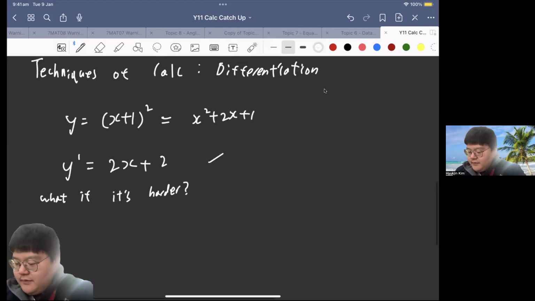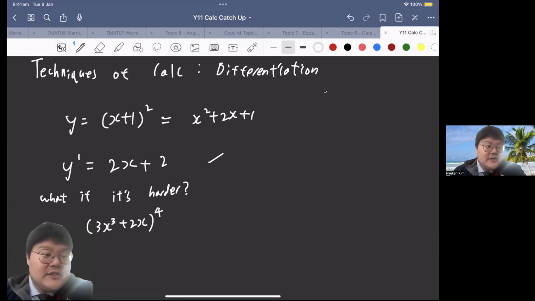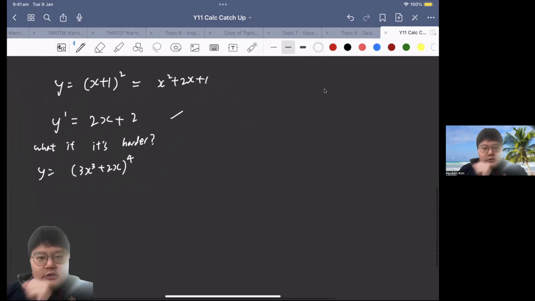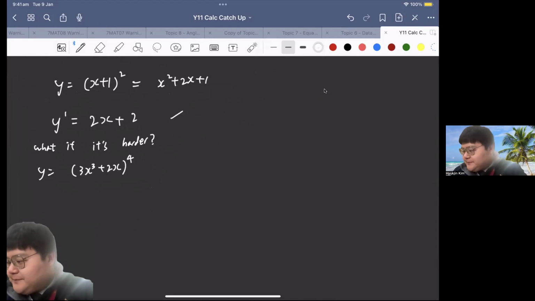What if we have y equals (3x cubed plus 2x) to the power of 4? I'm not going to spend my time expanding any of this because this is too much time, too much effort. Okay? What we start to realize is that this actually can be simplified into nicer terms.